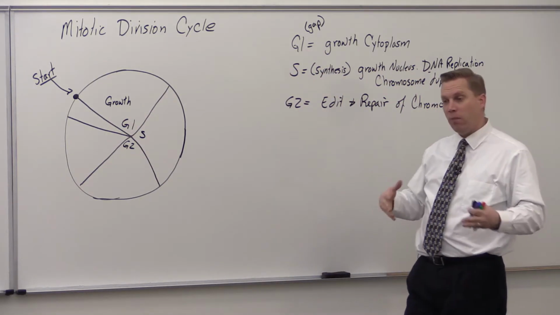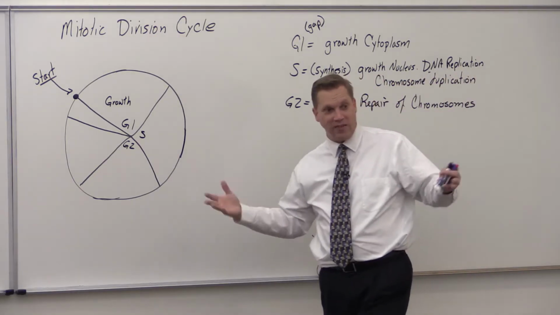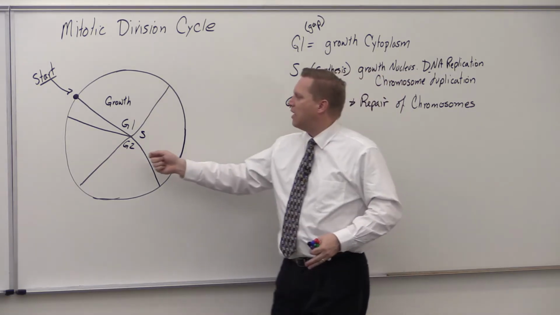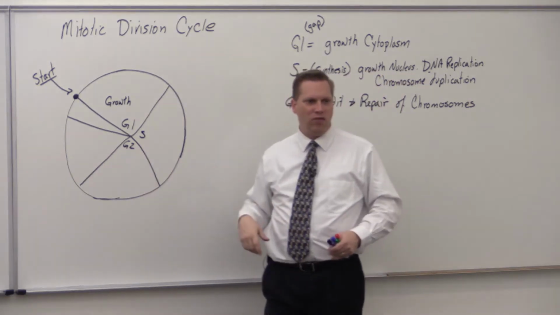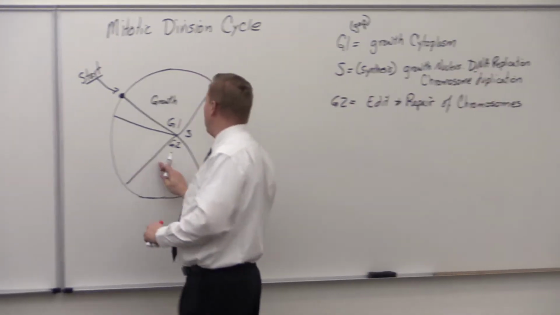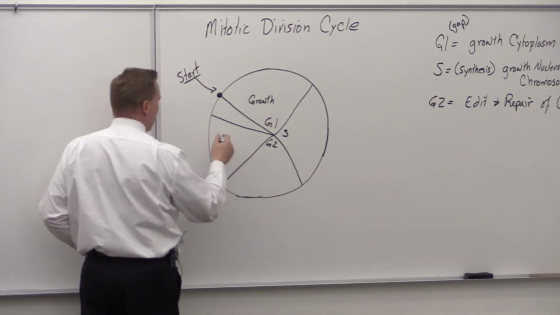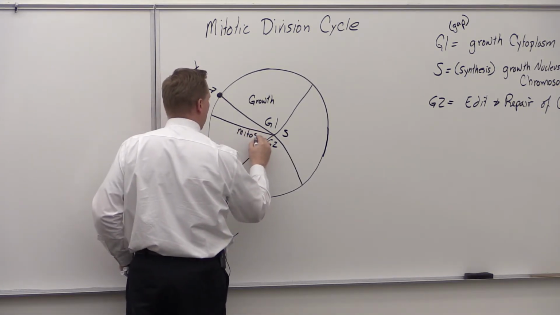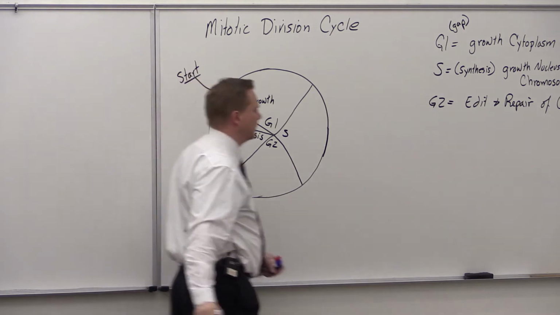And now that we're better cell biologists, we have better techniques. We're not better cell biologists, but we have better techniques. Now we have a better idea of what's going on in those 2 phases. So, following G2, we come to our next stage, which is mitosis.